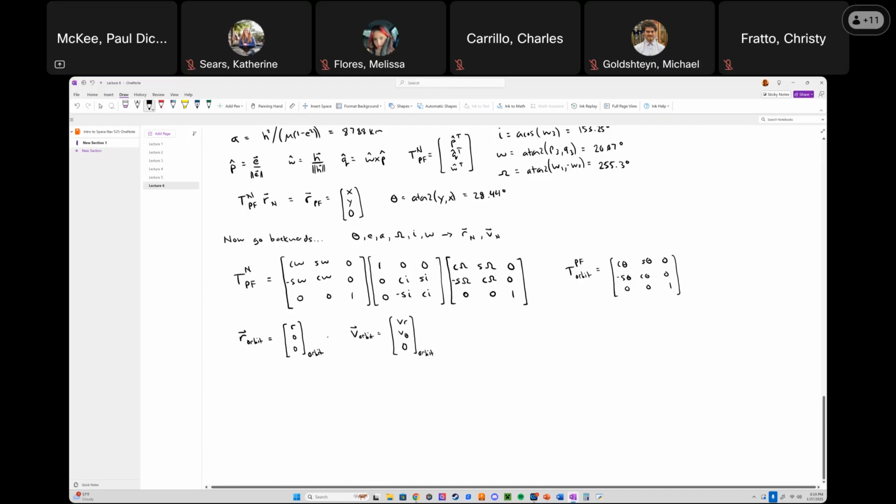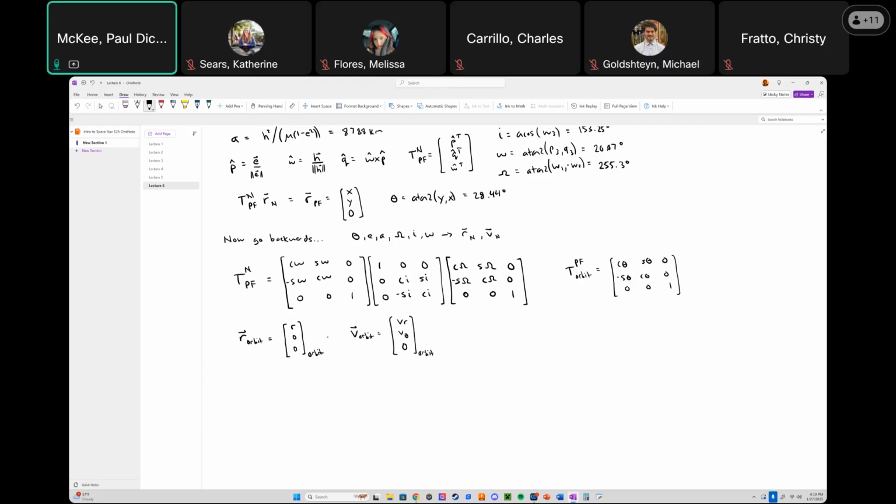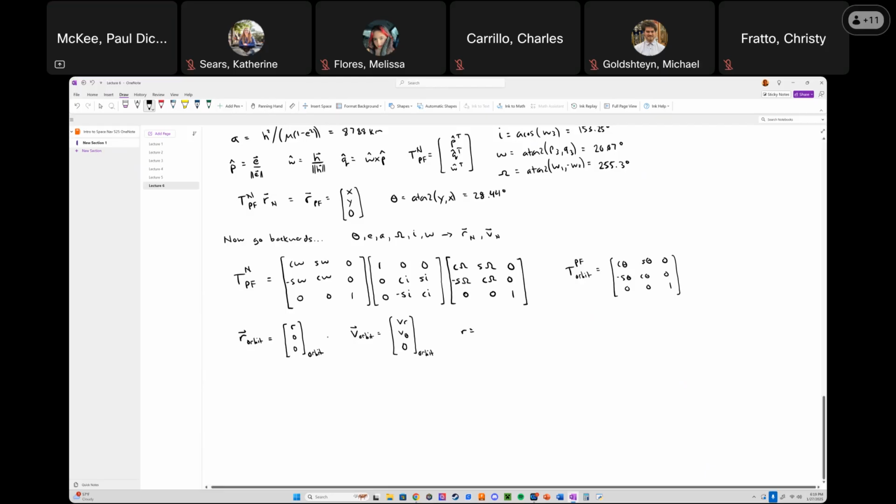This is where we bust out the familiar equations. r is equal to h squared over mu, and then in parentheses, 1 plus e cosine theta. How does that help us? Also remember that h squared is a mu times 1 minus e squared. We know a, we know mu, we know e. So far so good.